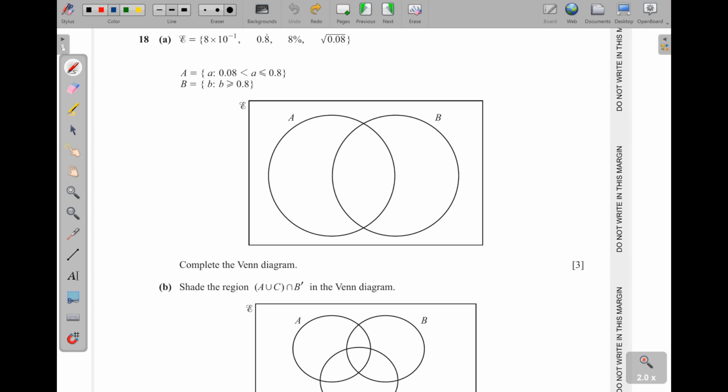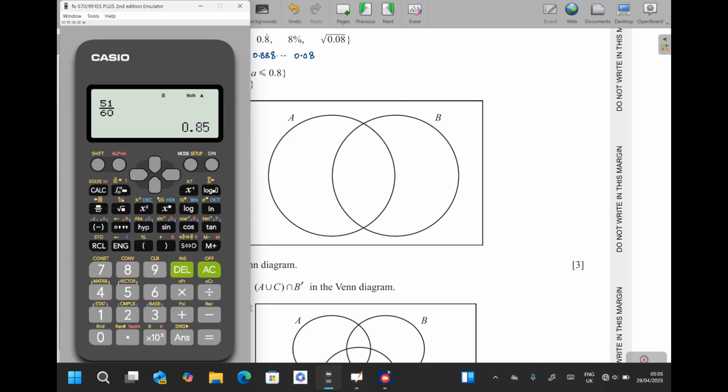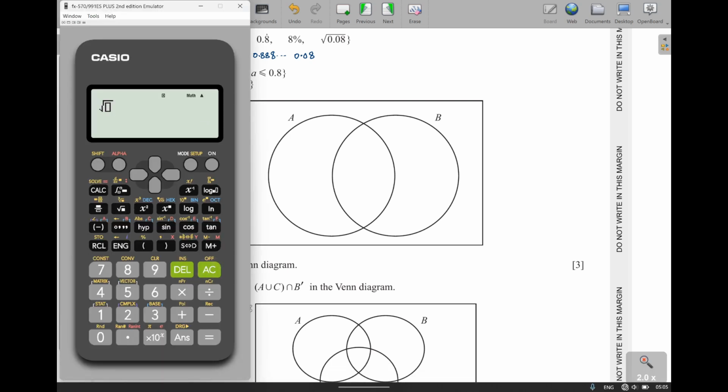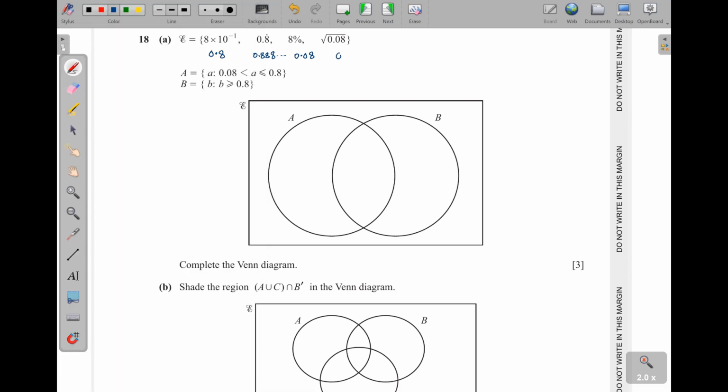Now, 8 times 10 to the power negative 1 is the same as 0.8. Then this one here is 0.888 recurring. 8% is 0.08. And then this other one here, the square root of 0.08, is going to give us 0.28284.